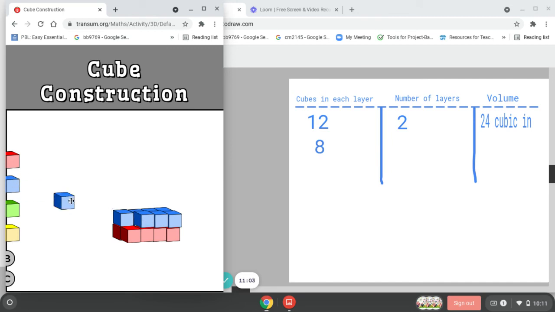And as soon as I put my next layer, I'll have 3, which would give me 24. Okay, all right. So how many layers do we have? We have 1, 2, 3 layers.